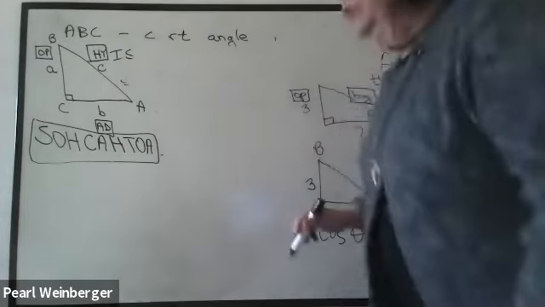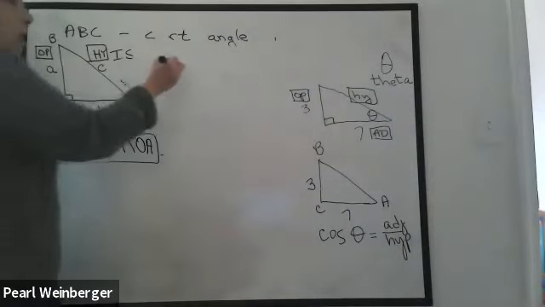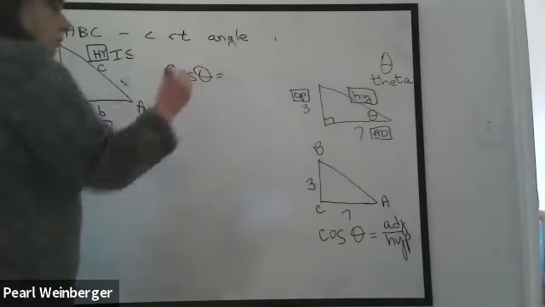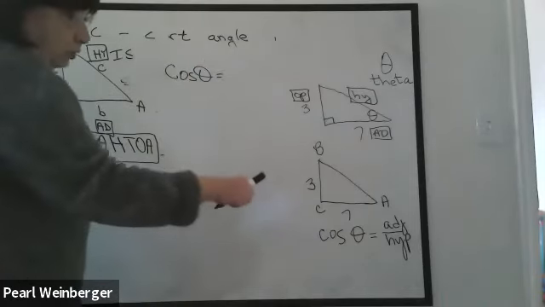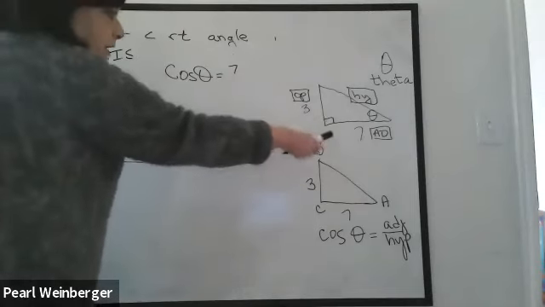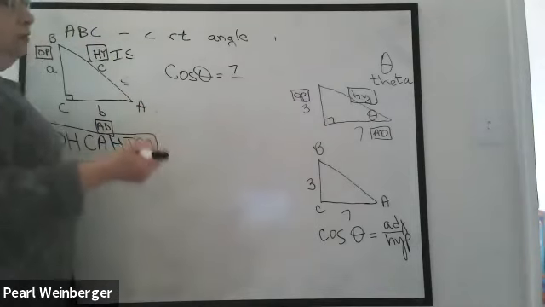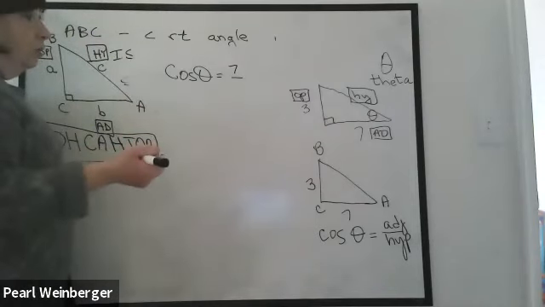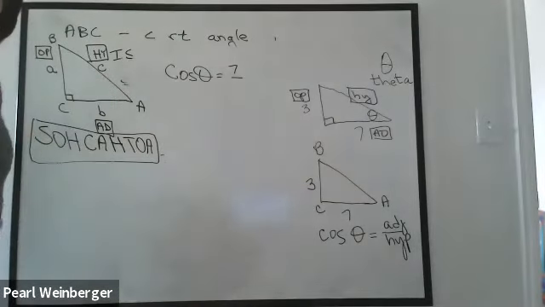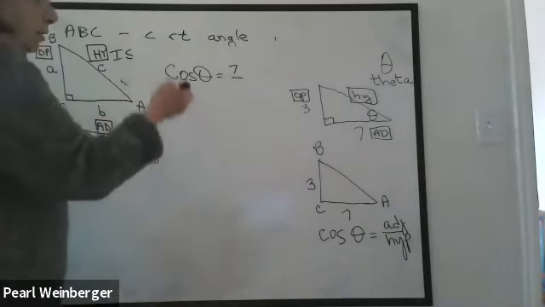Well, if I want to find cosine, and I want to do adjacent over hypotenuse, I know what the adjacent side is. I see it's 7. But what I don't know is the hypotenuse. I only know the opposite. So I have to use the Pythagorean theorem to figure out the third side of the triangle.